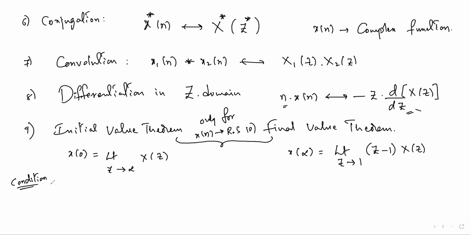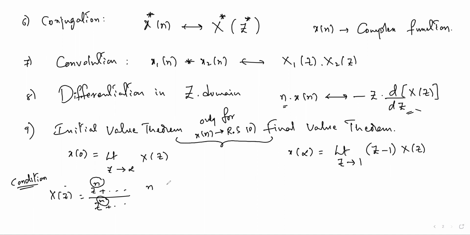Next, the condition. For the initial value theorem, what is the condition? X of z is generally a rational function of two polynomials, a polynomial of order n over a polynomial of order m. So the order of the numerator polynomial should not be greater than the order of the denominator polynomial.